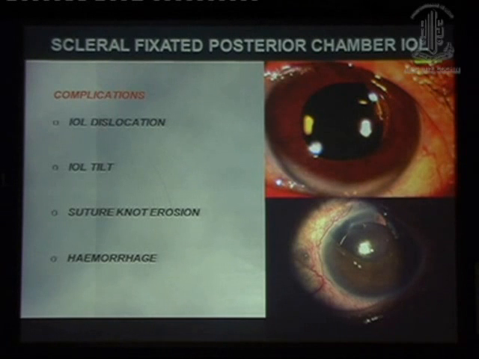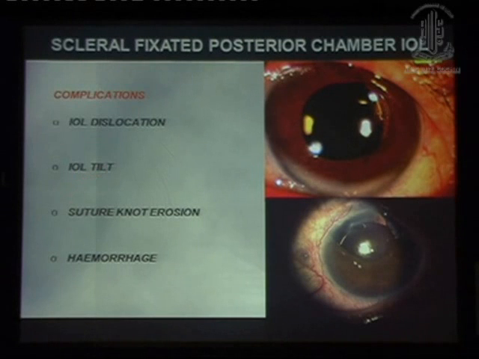You have the complication of IOL tilt, which you can see here, which can happen in a 2-point fixation, and can be largely avoided by going for a 4-point fixation procedure. Suture erosion is common with the sutured posterior chamber scleral fixated IOL.